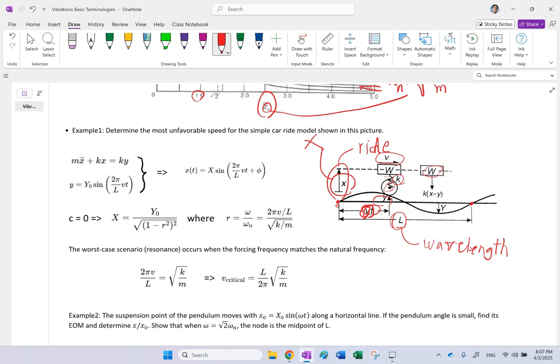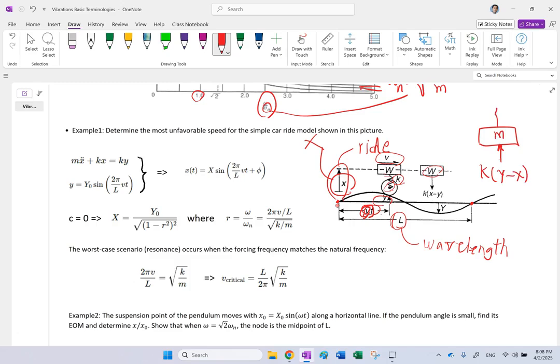So first thing is, of course, you have to write the governing equation of the system. Now in this case, if you look at this W and again measure the displacement x from static equilibrium, so mg is not included, the only force is coming from the difference between y and x, so it is k(y minus x).